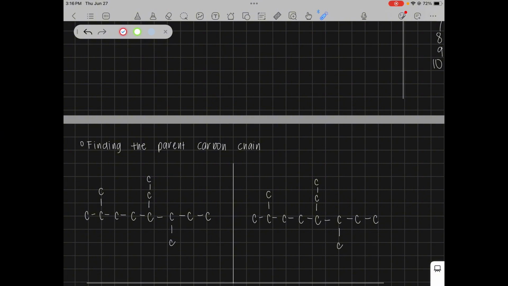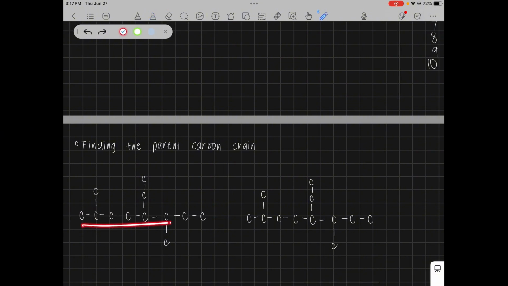You can start here, you can also start here, in this direction. You can also start here or here. But the most important thing that you need to know is that you need to find the longest carbon chain you can find.